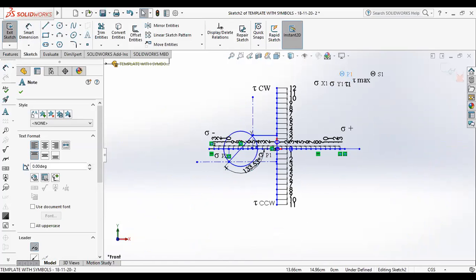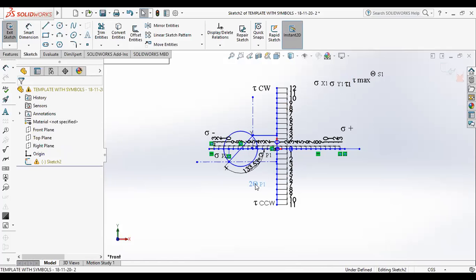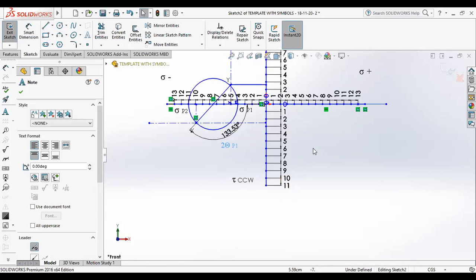This is your 2 theta p1. 2 theta p1 is 133.53 degree.